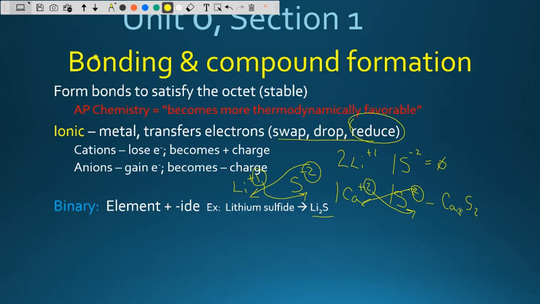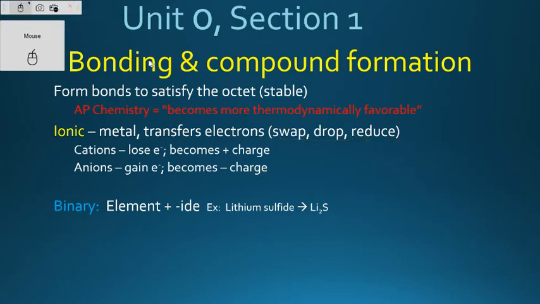And so I would do a swap, drop, and reduce to become CaS. Okay, so when we have just 2 elements involved, that's what we call a binary compound of a metal, and that's going to be ionic. And so we would just simply write it out that way based on charges. And notice that all binary compounds of the ionic nature start with the element name, and they all end in "ide."